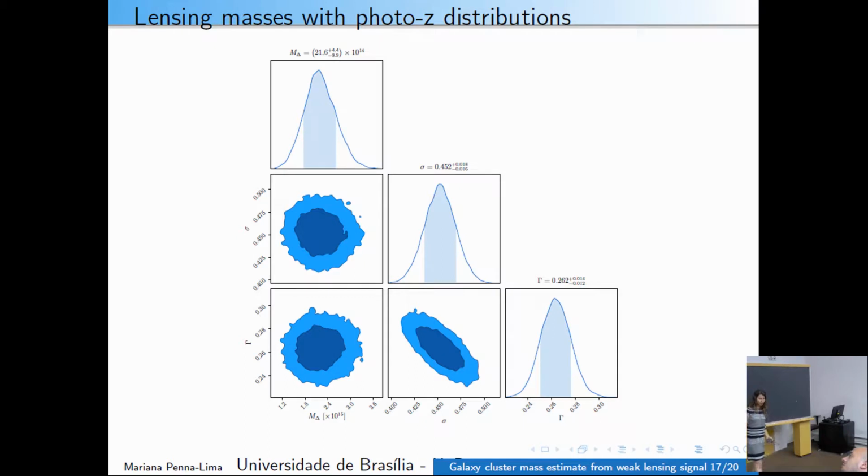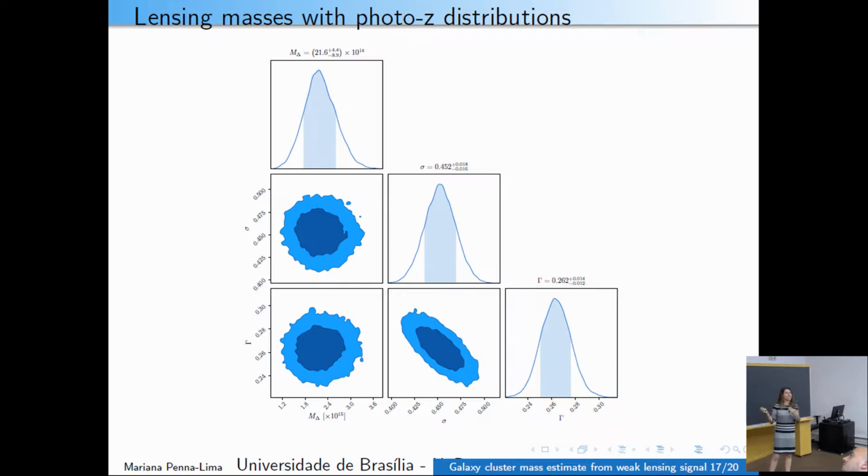There is a collaborator in the cluster working group who performed different simulations, so we applied our methodology to this simulation. We obtain here 2.16 times 10^14 solar masses, and the true value was 2 times 10^14.